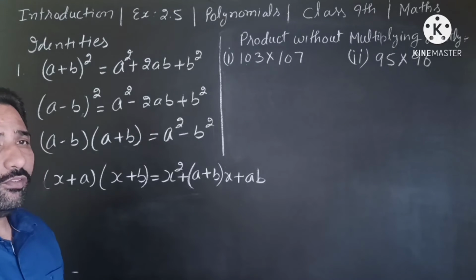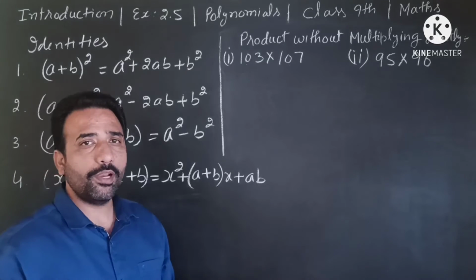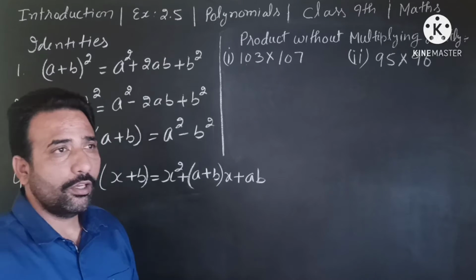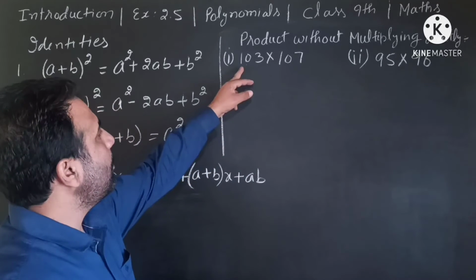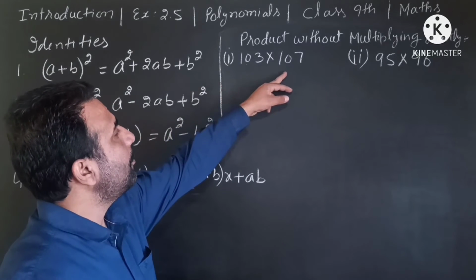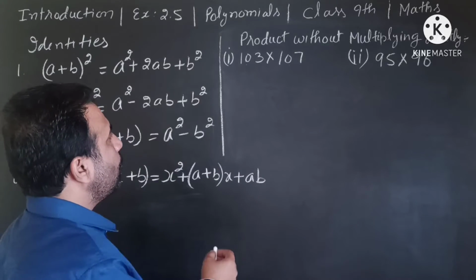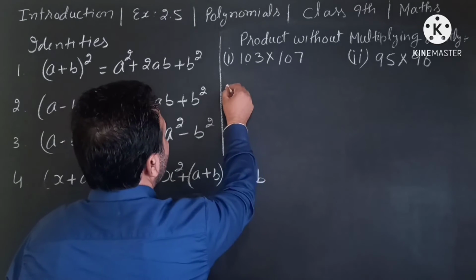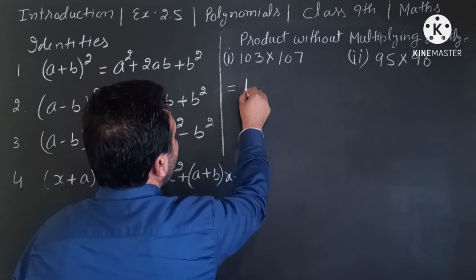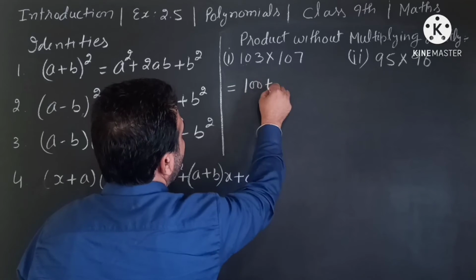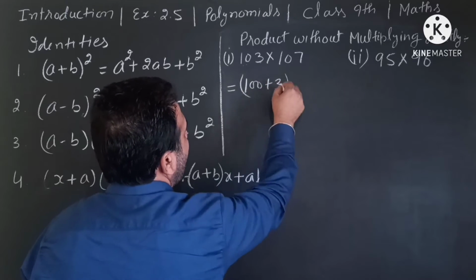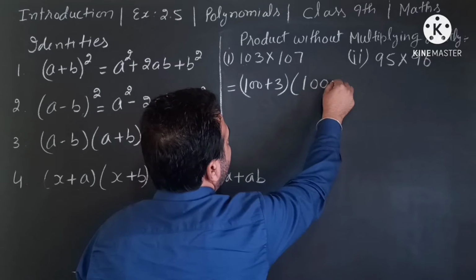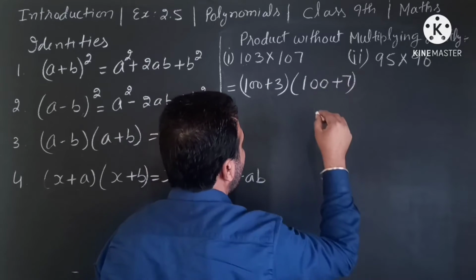Expression. Now we will study how we can multiply two numbers with the help of identities. Okay, the first is 103 and 107. So first of all, I will expand these two numbers. 103, I will write here 100 plus 3, and 107, I will write here 100 plus 7.